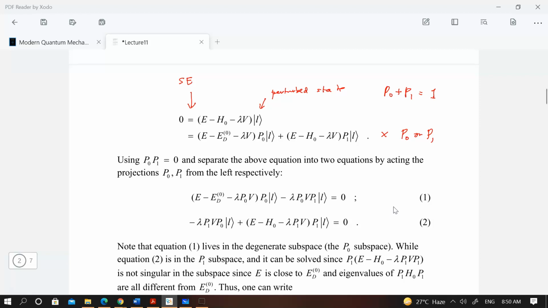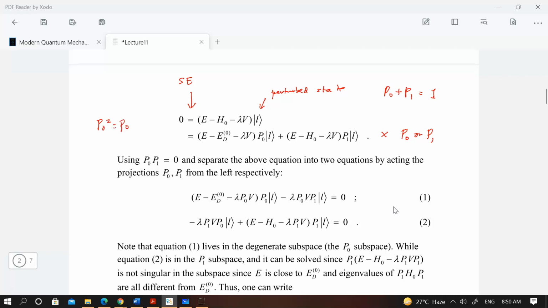In this case we have the first equation, which is coming from P naught. You can see that I multiply by P naught over here, so I get, well, this is just eigenvalues, so P naught comes here. The other thing you need for projection operators is that P naught squared equals P naught.